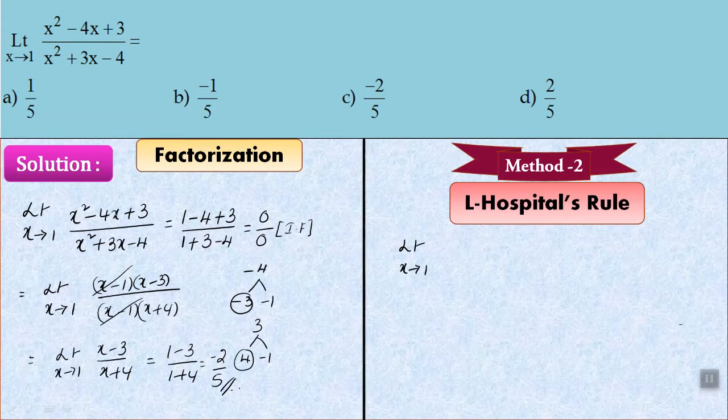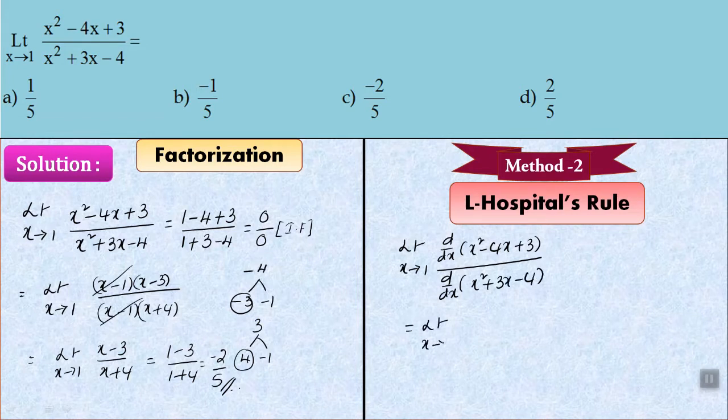Here differentiating numerator and denominator with respect to x, d by dx of (x square minus 4x plus 3) divided by d by dx of (x square plus 3x minus 4) is equals to limit x tends to 1, d by dx of x square is 2x, minus 4 into d by dx of x is 1, plus d by dx of 3 is constant 0, divided by d by dx of x square is 2x, plus d by dx of 3x is 3, minus d by dx of 4 is 0.